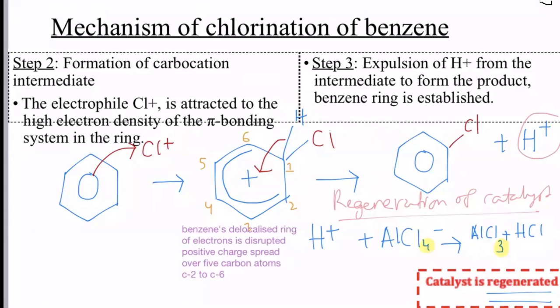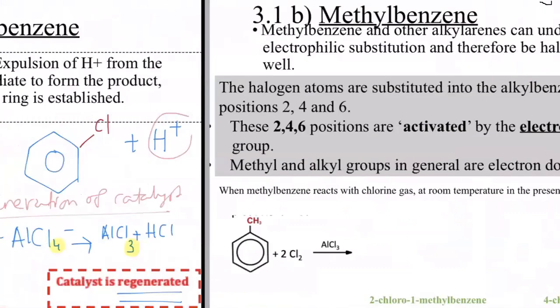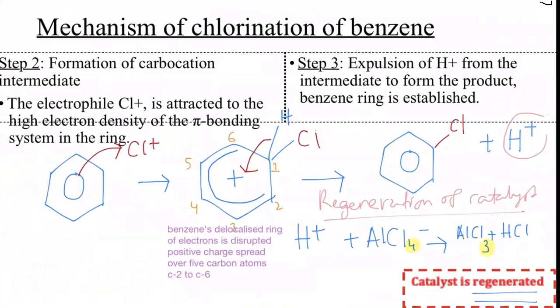Next slide for me. Now we move on to methylbenzene. Oh, before I move on, this mechanism works the same for bromine as well. If you have bromine and you just change everything to Br, this becomes Br plus, this becomes Br, you form a bromobenzene.